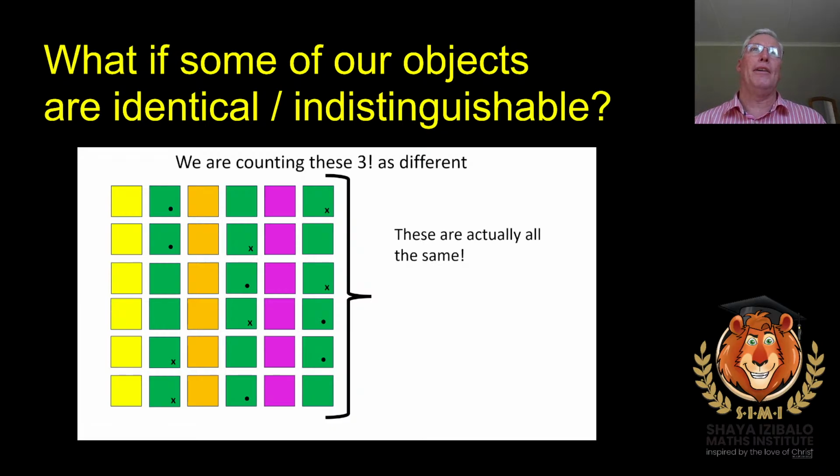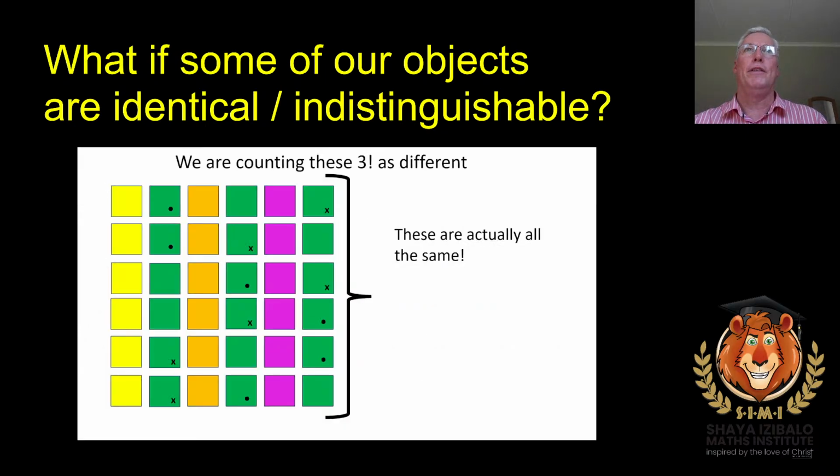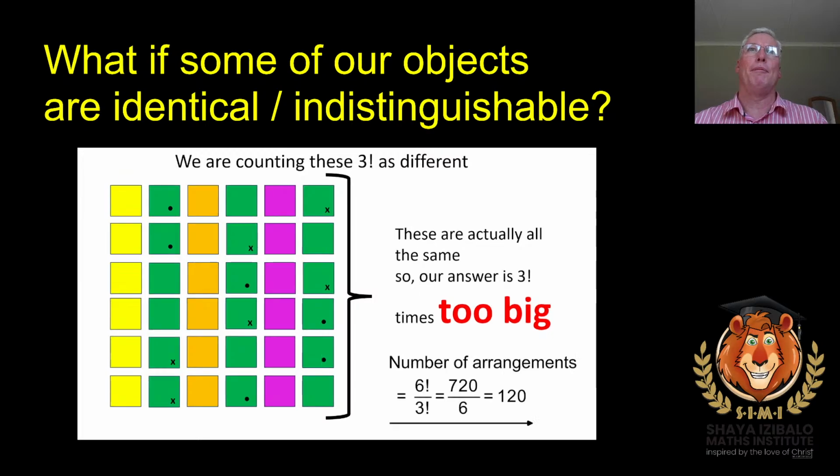So if we go 6 factorial, we're actually counting these ones as different, but they're actually all the same. So our answer needs to be divided by 3 factorial. So in fact, the answer is going to be 6 factorial divided by 3 factorial.